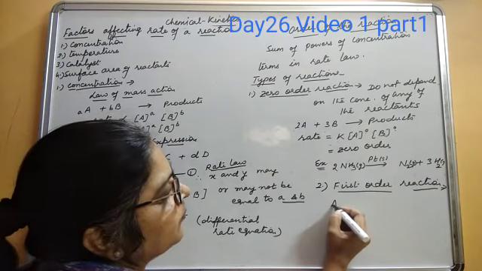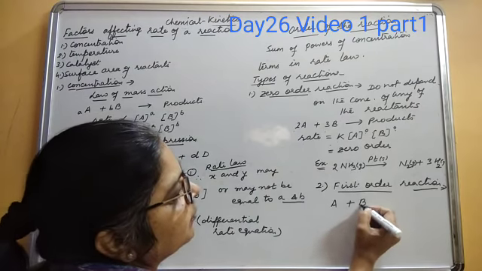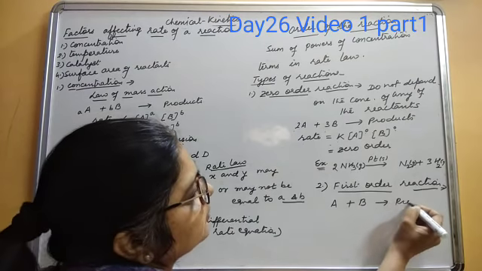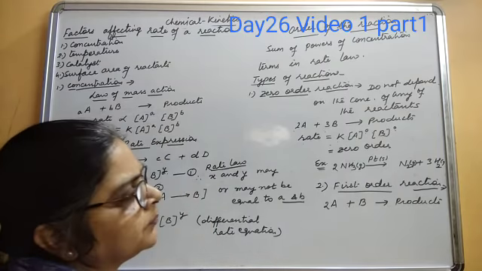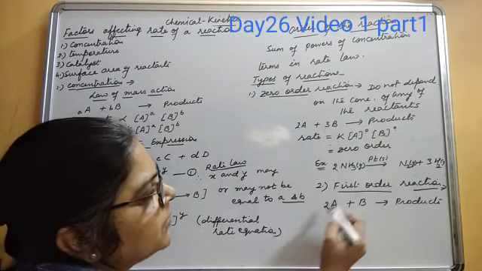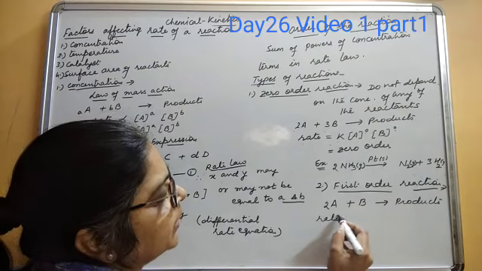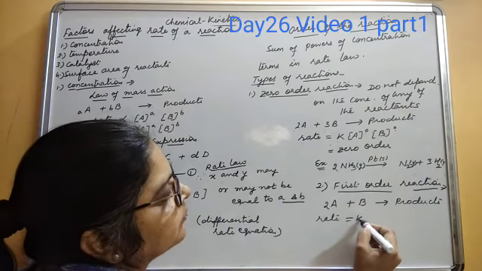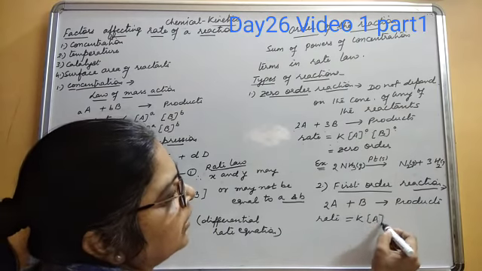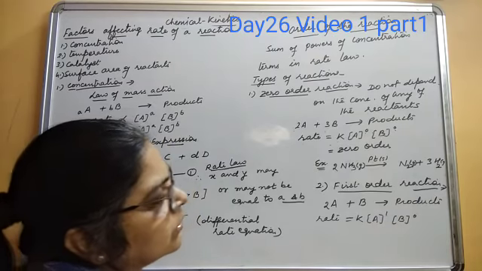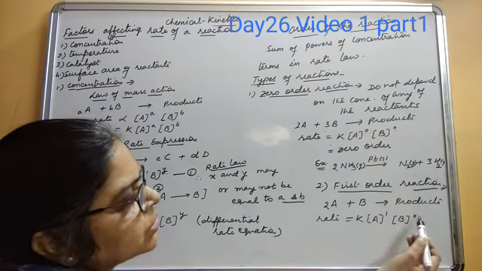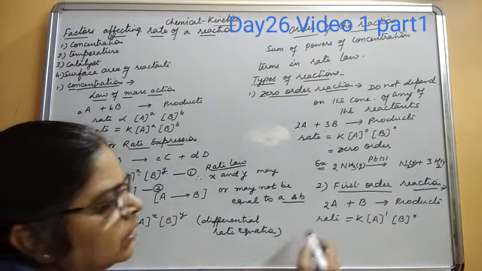For example, I am writing A plus B again products. Whatever is written here, but if it is a first order reaction, it may depend on 1 power of A but 0 power of B. Total order of the reaction is 1.